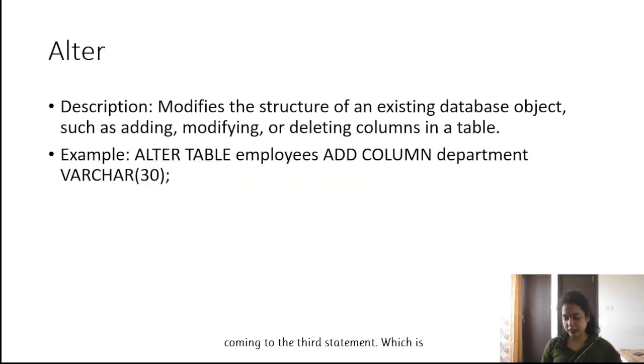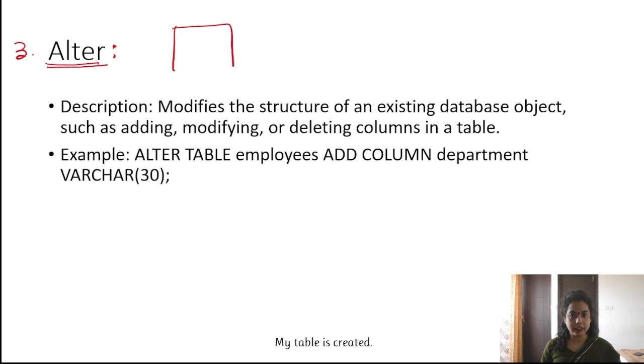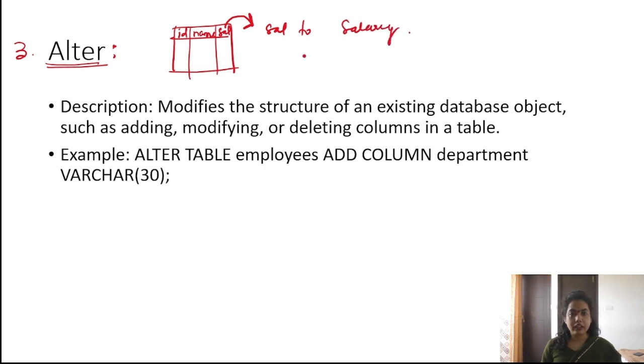Coming to the third statement, which is alter. Now my DB object is created, right? My table is created. Now here is ID, here is name, here is sal. Now I want to change the name of this column sal to salary, right?